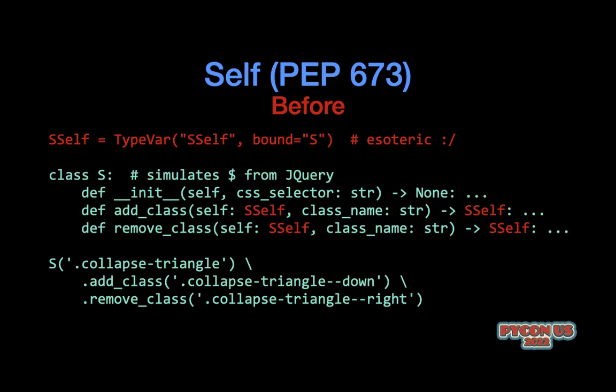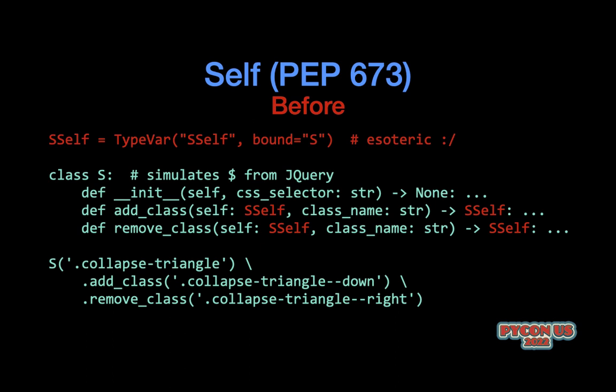Self. There are a number of APIs that are written in a so-called fluent style, where you have methods on a class that return the same instance of that class after they finish, so they return self at the end. Before, it was possible, although rather cumbersome and verbose, to annotate the return type of such methods to describe to a type checker that it's still returning self.